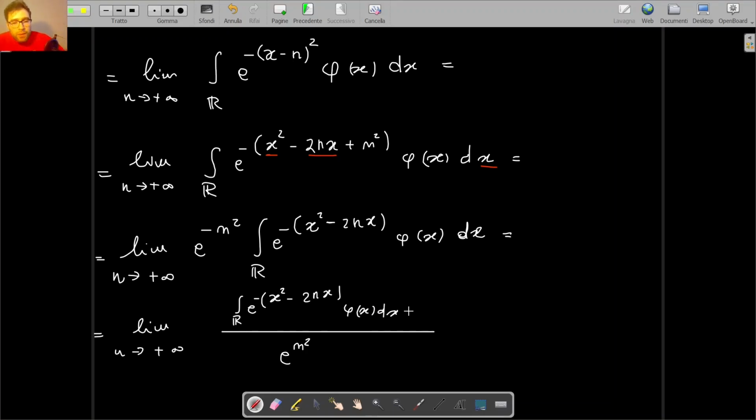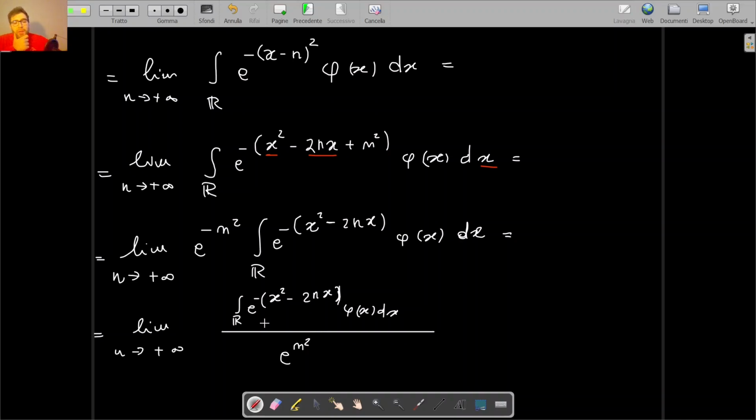And so now that we have written our equation in this way, we are in a position in which we can infer to which values each component of the ratio will tend.